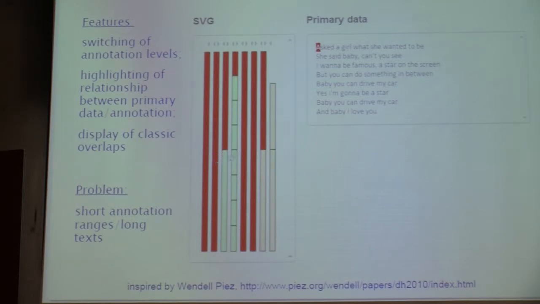There are certain problems with this visualization. For example, short annotation ranges. If you have an annotation just spanning this determiner A, it would be a very small segment here, and as you see, this is much longer than this text here, so you don't always have at first glance a relationship between the SVG and the primary data, but probably have to scroll to get these both aligned.